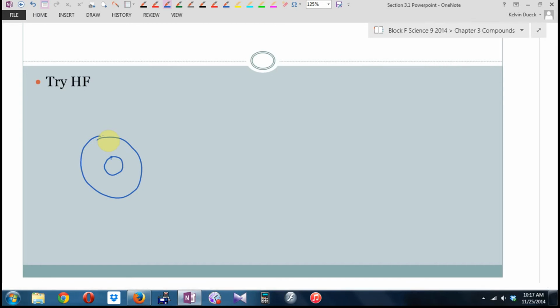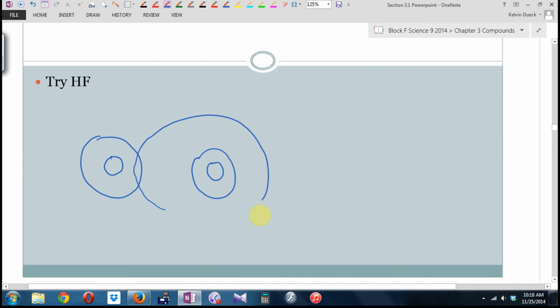What row, what period is it in? First row, second row, third row, fourth row. Period 2. How many shells will it have? 2. So you ready? There's its nucleus. There's its inner shell. And now I'm going to overlap. There's its outer shell. You want it overlapping because they're sharing. Otherwise, if they're not touching, they can't be sharing.